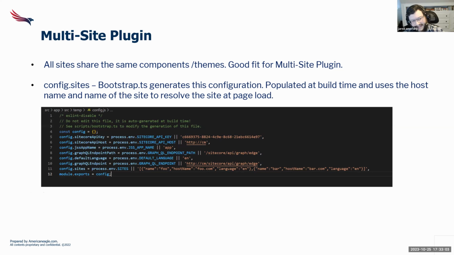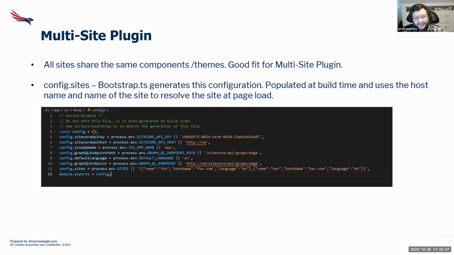So without diving into a ton of detail, what you need to know is there's this Bootstrap TS that I've talked about before, which generates your configurations. It generates more than just this, but just to simplify it for the needs of this project. Line 11, at build time, your config.sites gets generated. So if you have one site, you could hard code that value in there and you'll be fine.